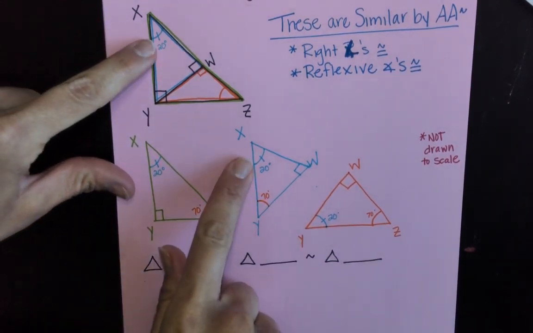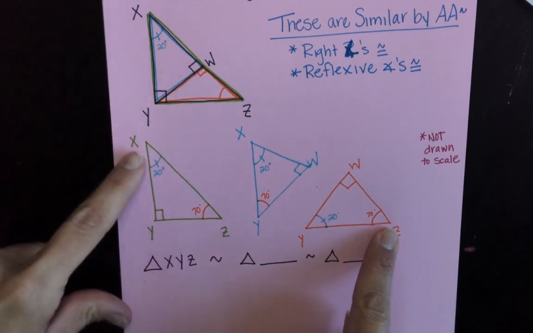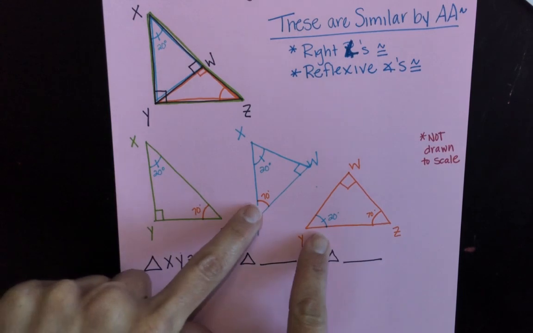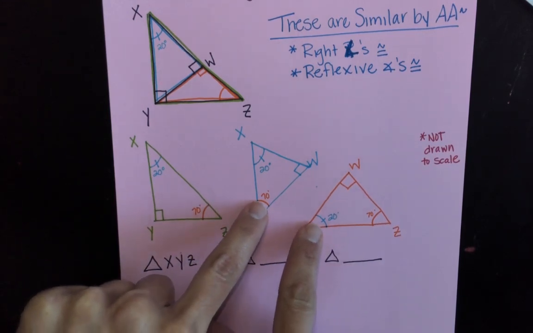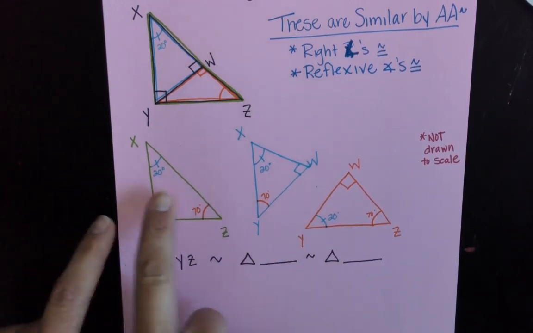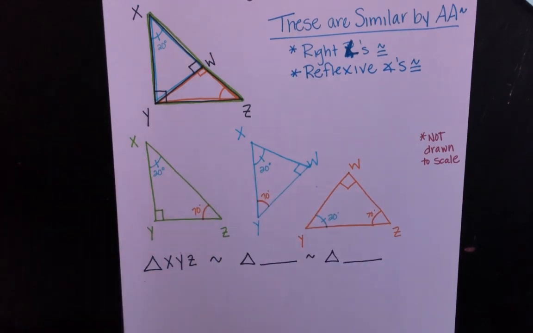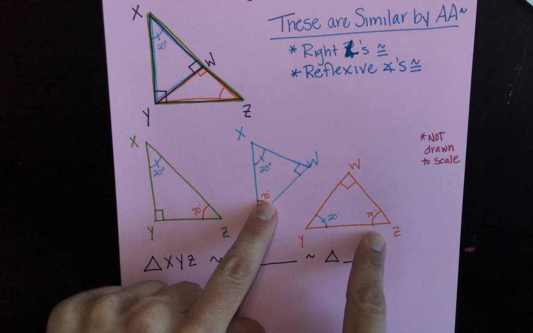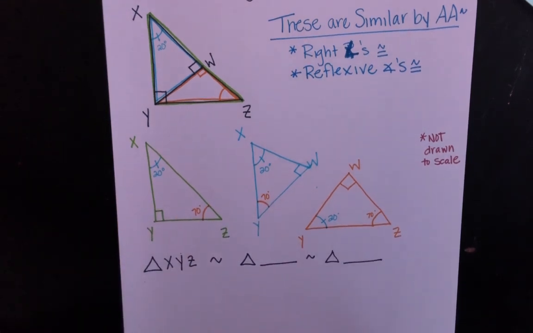The reflexive angles will always get repeated. The other acute angles will always appear. And that way all three triangles have the exact same numbers.